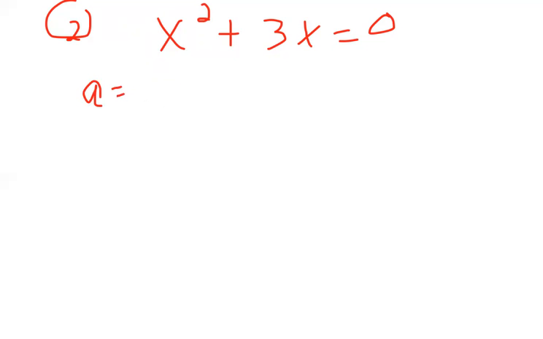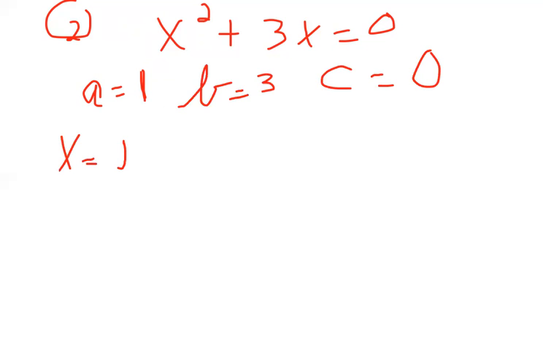The A value is 1 because we have our x squared, the leading coefficient is 1. The B value is 3, but we're missing our constant term, so we fill in a 0 for it. So now we go back into the quadratic formula. We do the opposite of B, and B is 3, so it becomes a negative 3.